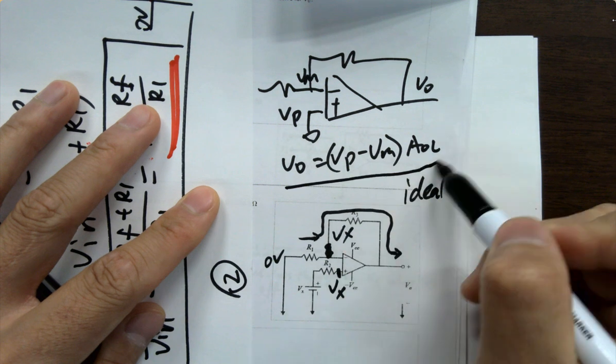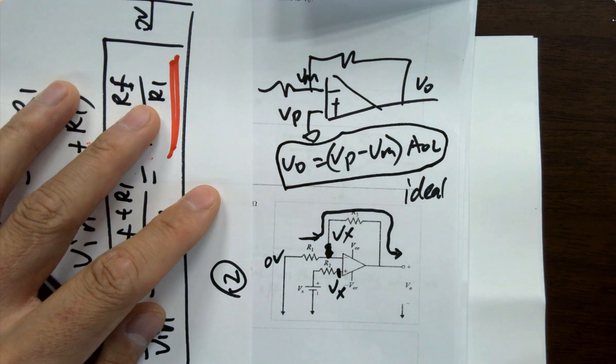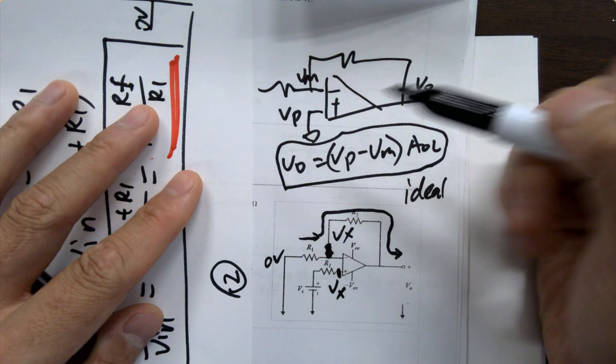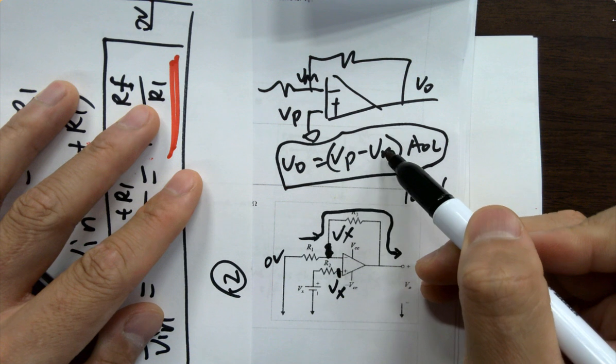This is designed in the circuit. So imagine that if VP is slightly larger than VM, what's going to happen?